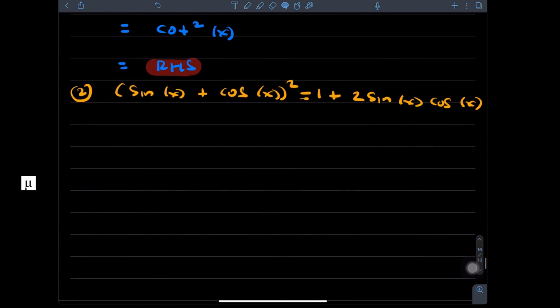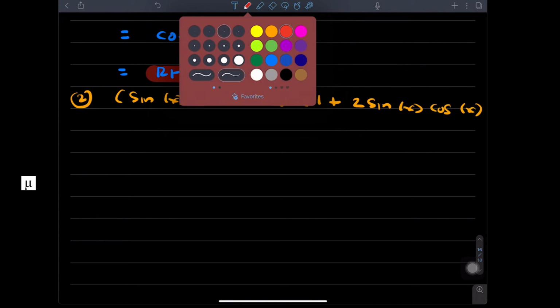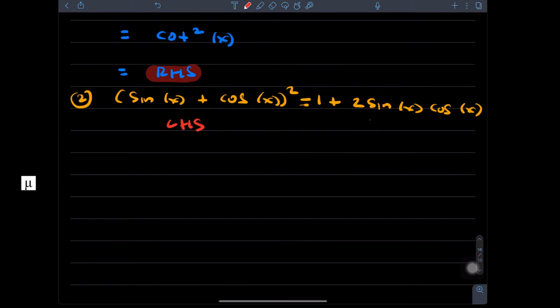Okay. Now here, let's take a look at this. Again, we have the left-hand side equals the right-hand side.